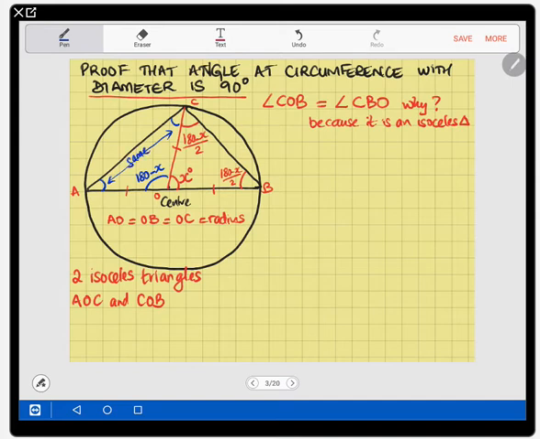Right? So, what is this angle here? It's a bit complicated in terms of algebra, right? Some of you might find it easy, but some of you might find it difficult.